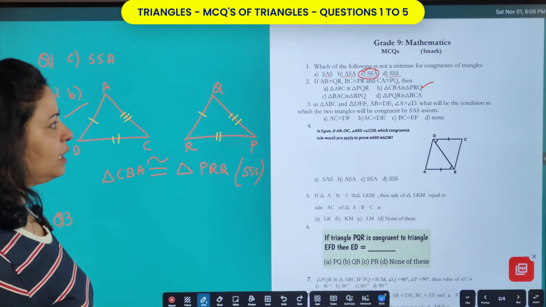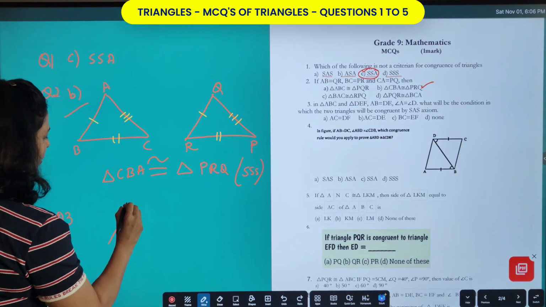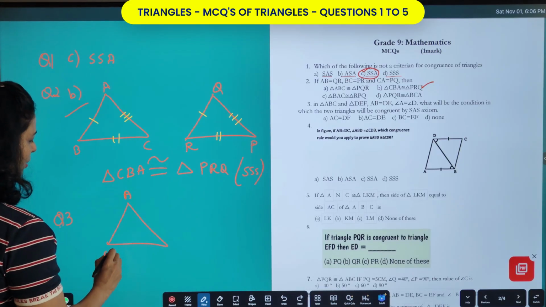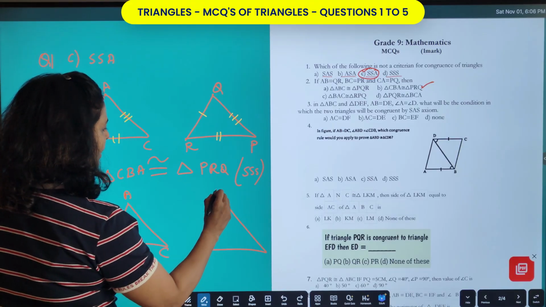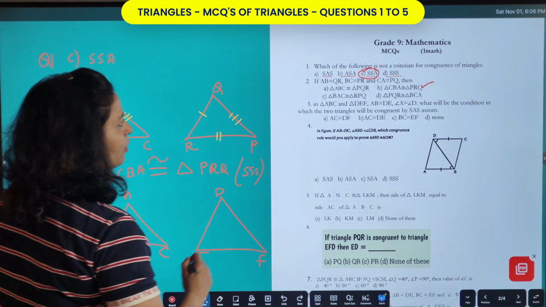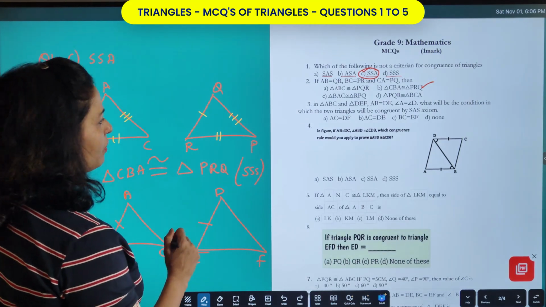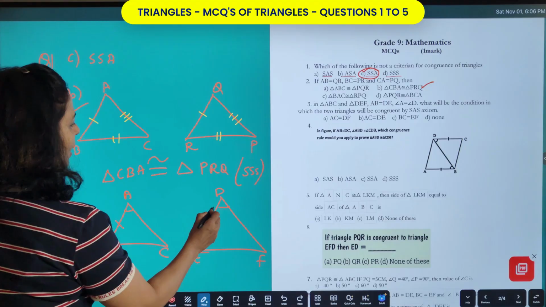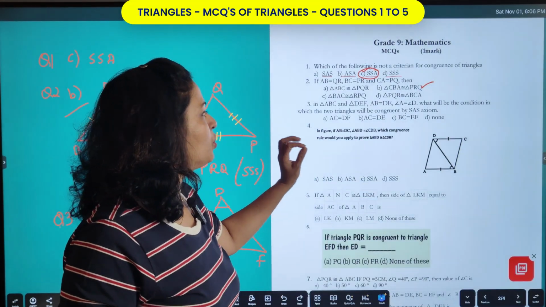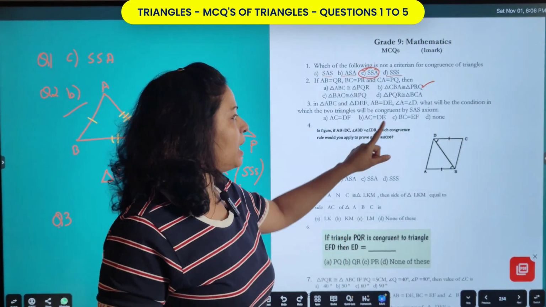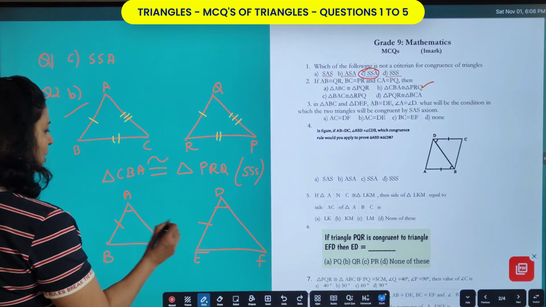Coming to question number 3. In triangle ABC and DEF, draw triangle ABC and triangle DEF. What have they given you? AB is equal to DE. They have given angle A is equal to angle D. They are asking what will be the condition in which 2 triangles will be congruent by SAS.